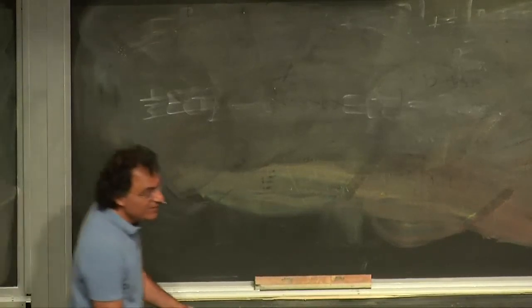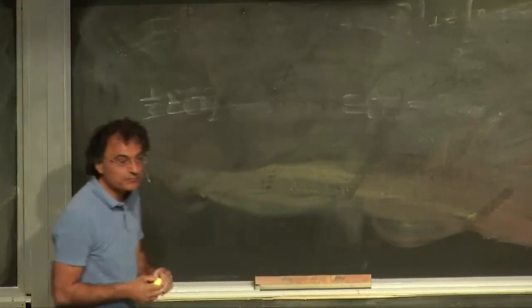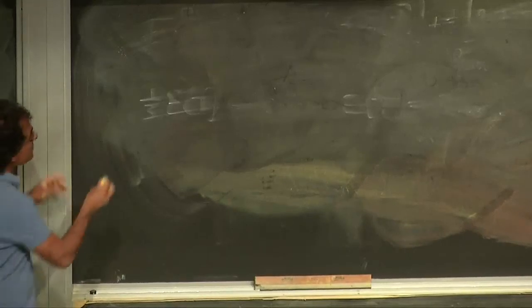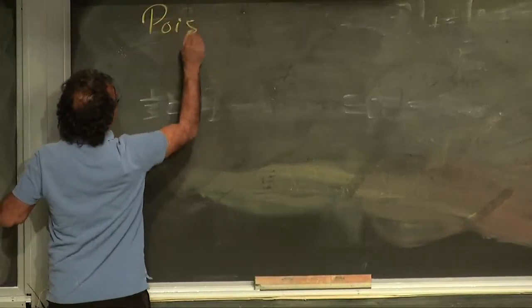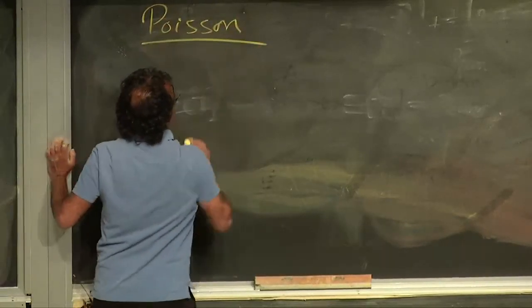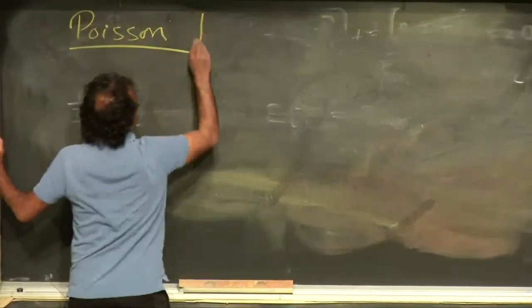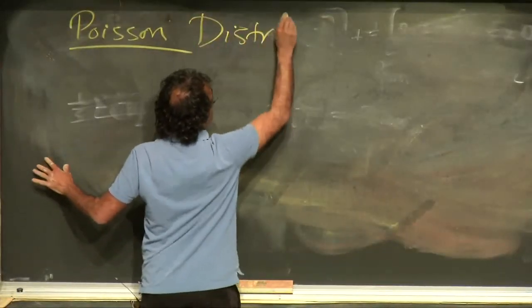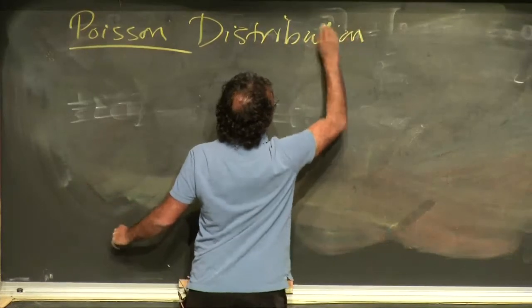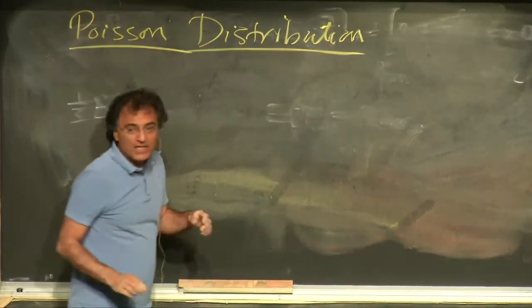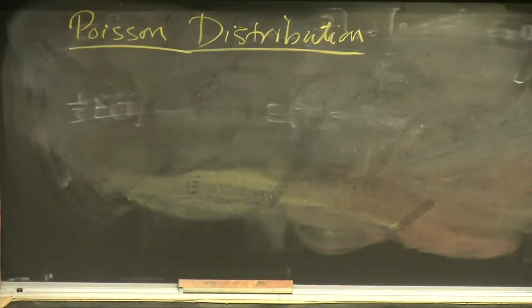Okay, so the Poisson distribution can be a little bit confusing because it's a discrete random variable, and yet it has to do with continuous spaces. Okay, so what is the Poisson distribution about?